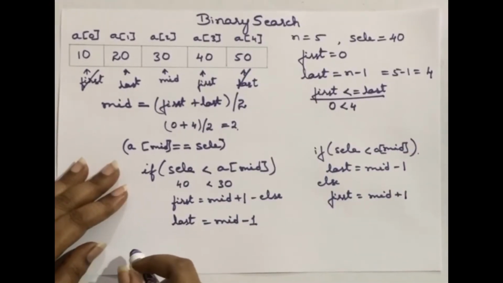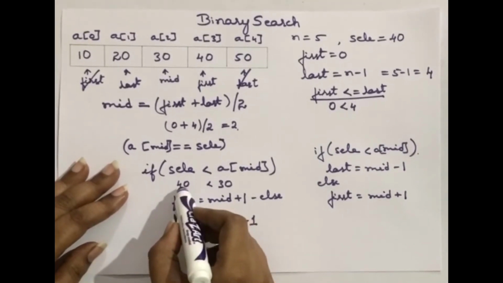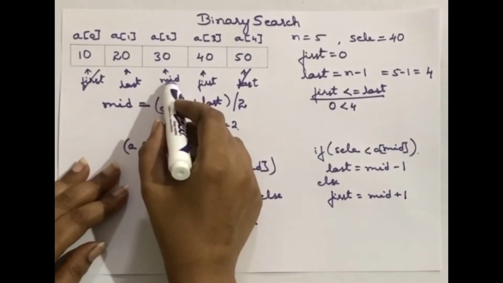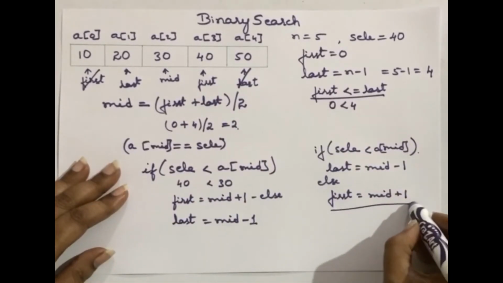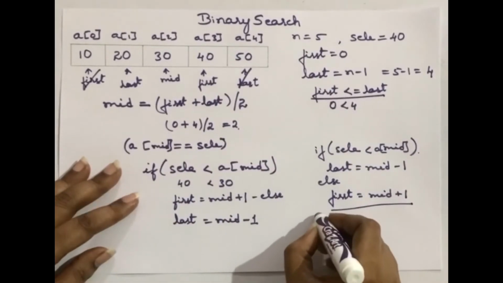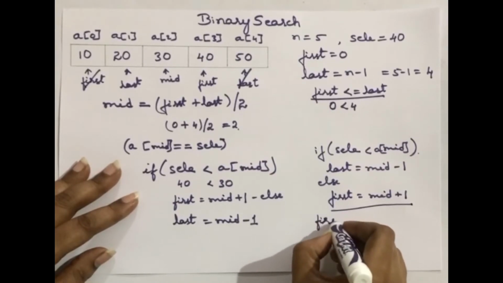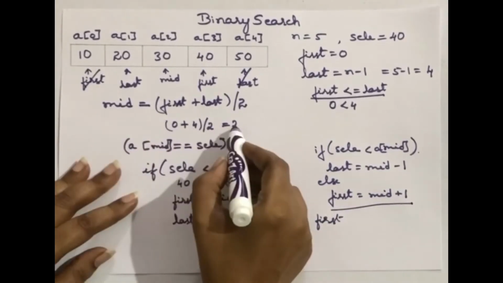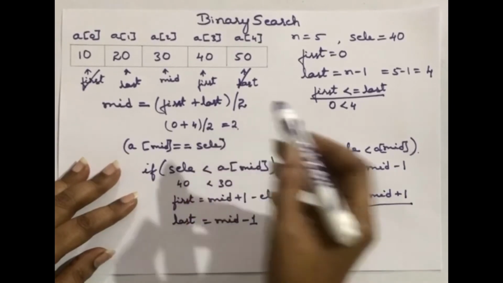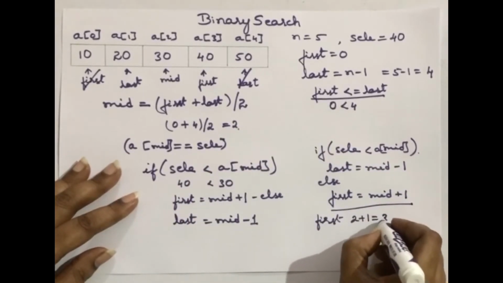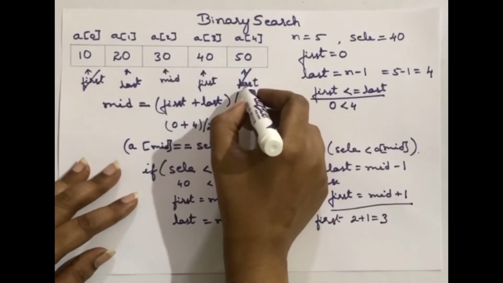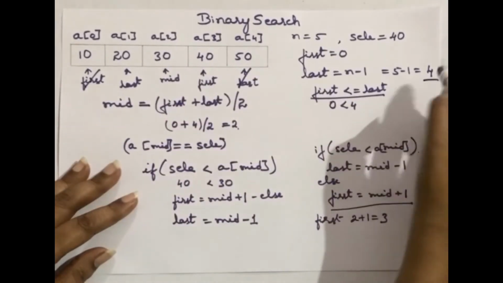Here in our case 40, the search element is greater than the mid. So, we use first equal to mid plus 1. Now, first will be equal to, we have got the mid value as 2, 2 plus 1 is 3, and the last value has not been changed, so it is 4.